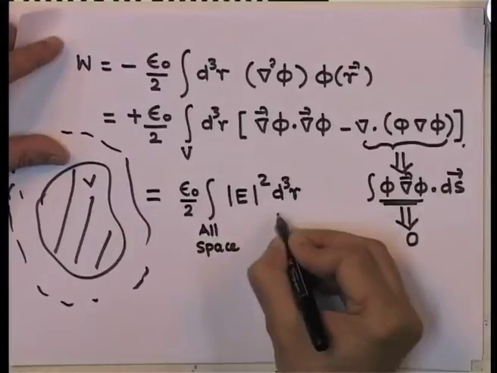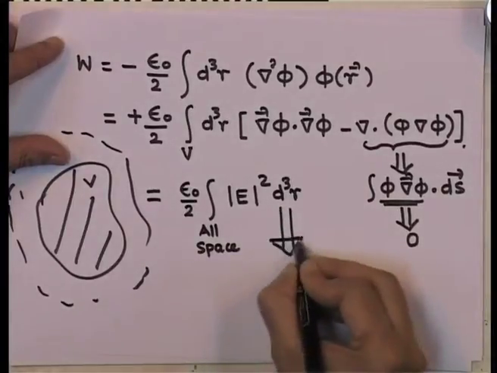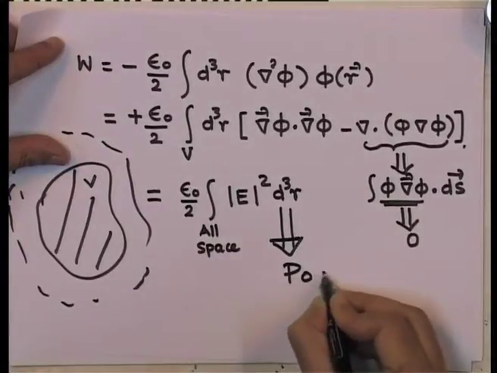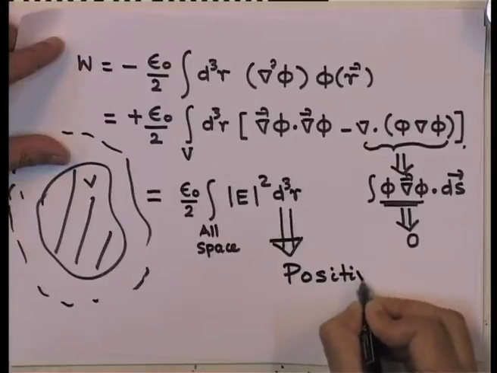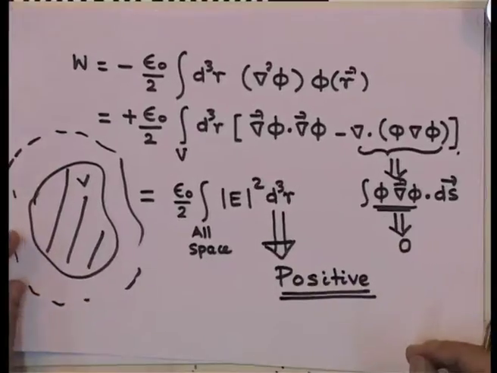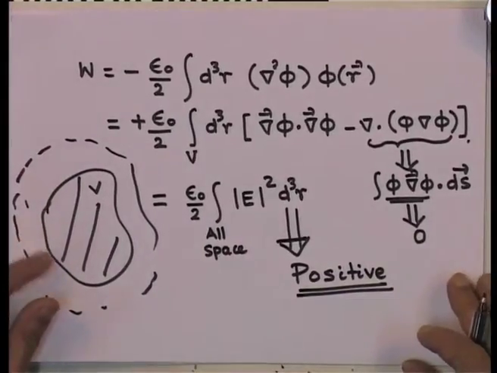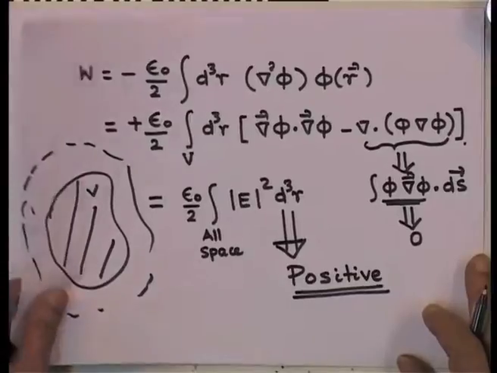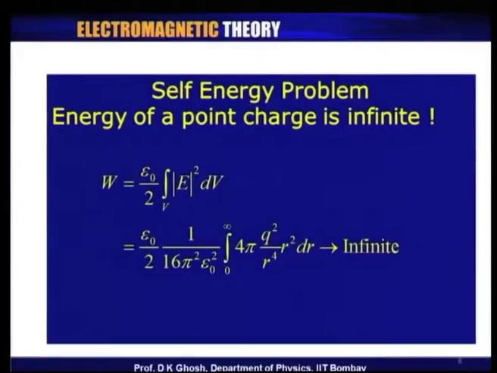So, this quantity is by definition positive. This is a point which we will need to make comments on as we go along. Let me make a quick comment here, and I will come back to this issue a little later.